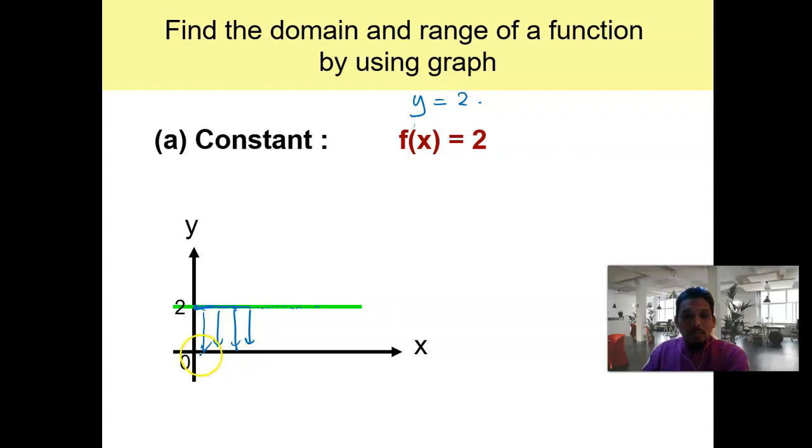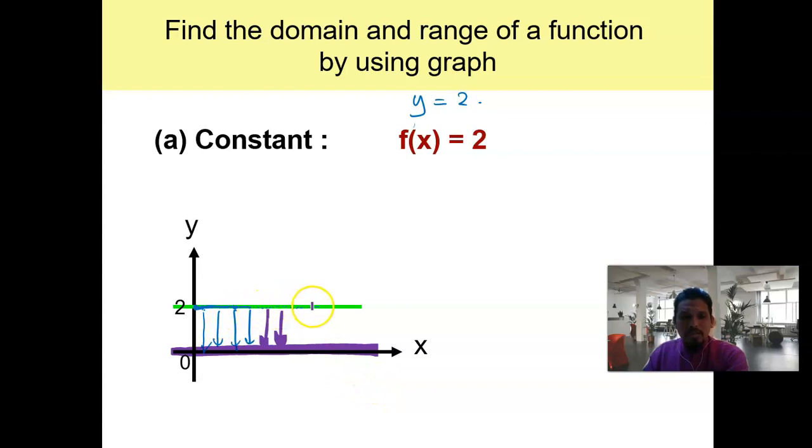So the domain of this function, if all are being mapped to the x-axis, we can see that the domain is from negative to positive infinity. And what about the range?